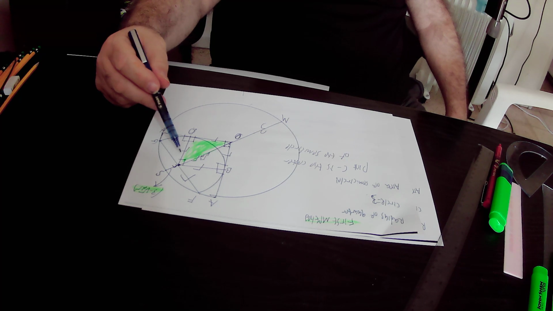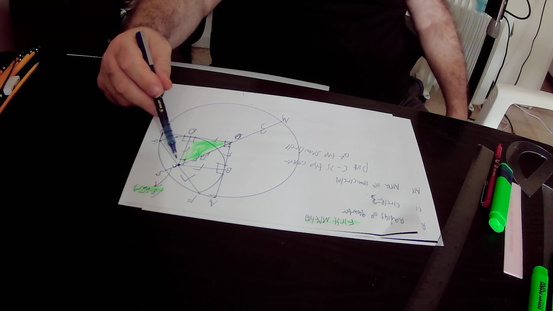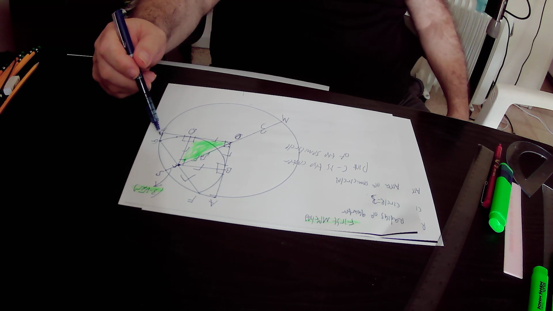Likewise, line segment CG. C is the center of the semicircle, and G is a point on the semicircle itself.